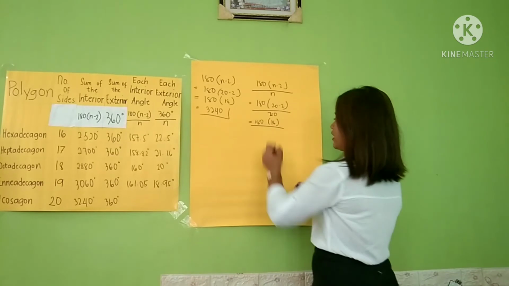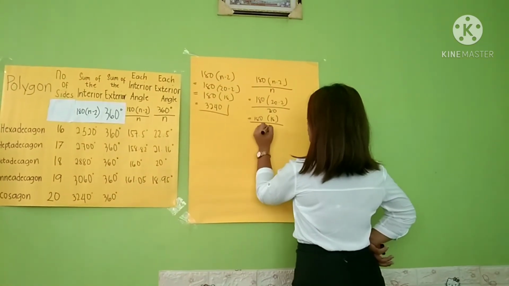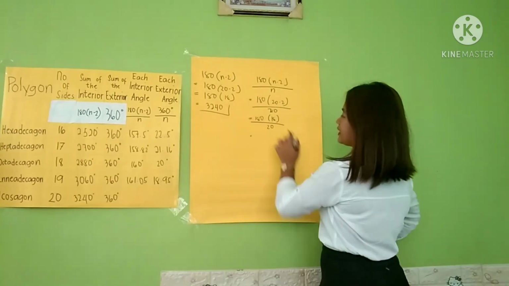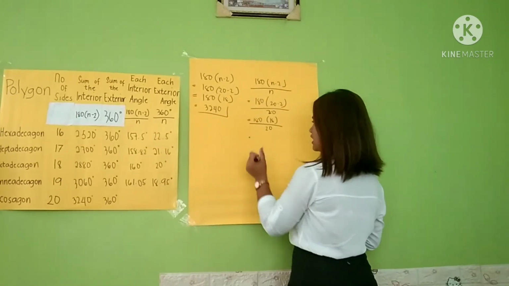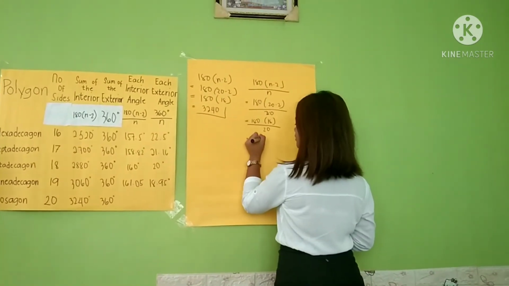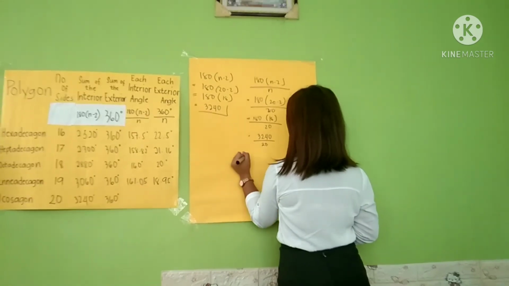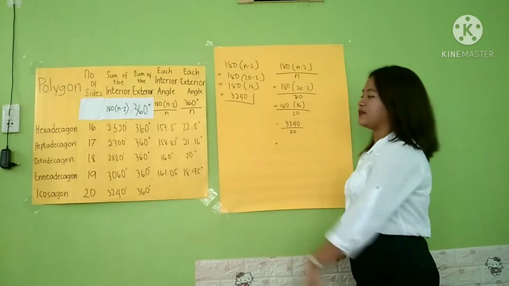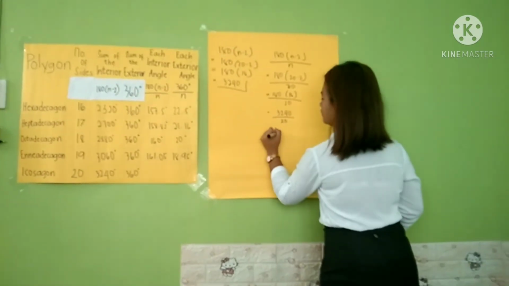Don't forget the 20 in the denominator. 180 times 18 is 3,240 divided by 20. 3,240 divided by 20 is 162.